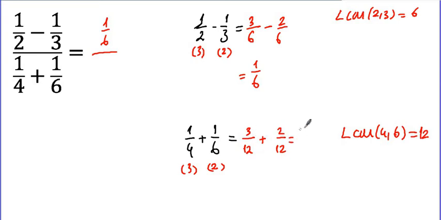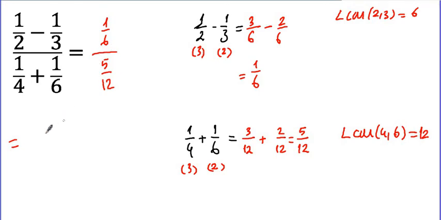So 3 plus 2 is equal to 5. 5 over 12 is my denominator. Right, I have 1 over 6 in my numerator and 5 over 12 in the denominator.